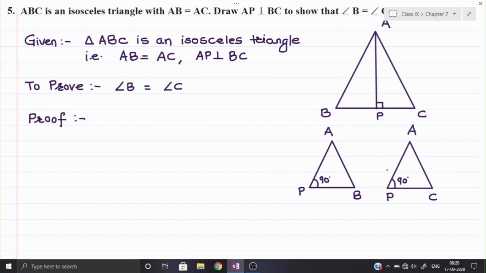See, if you try to apply the side angle side theorem or the angle side angle theorem, that formation will not be formed over here. I will show you at the last why that formation is not coming. So here the applicable theorem is the RHS congruency theorem, right? The Right angle Hypotenuse Side theorem.